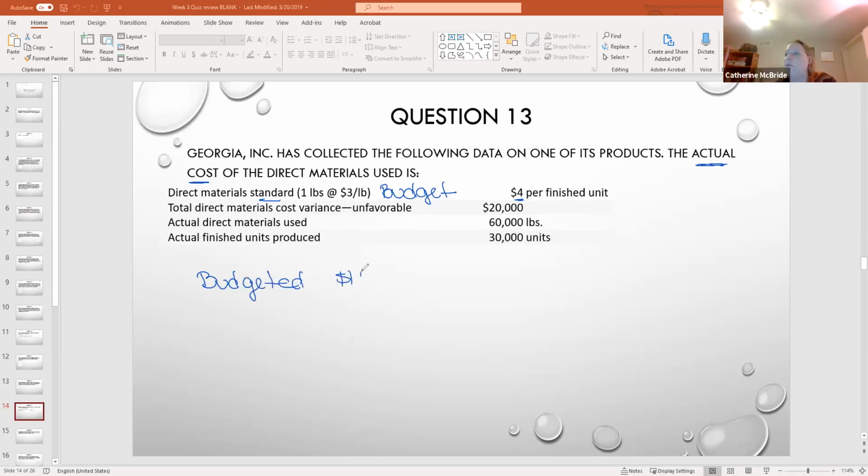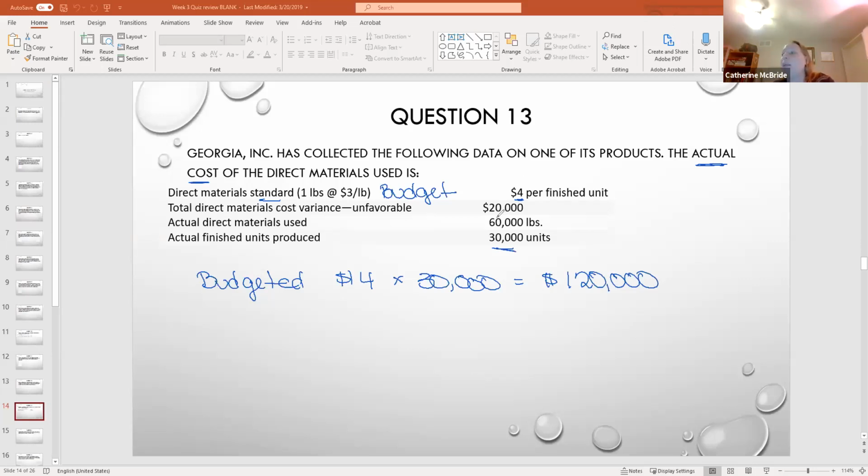So our budgeted cost is $4 per unit times 30,000 units, because I actually finished 30,000 units. I plan to spend $120,000.